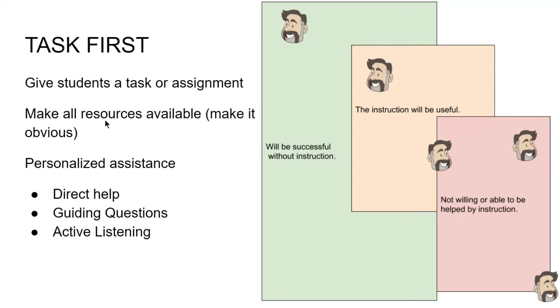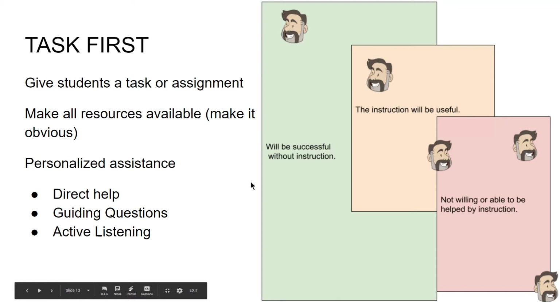If you come into my classroom, you'll see equipment everywhere. It's not just there because I'm lazy and disorganized. It's there because I want physically and digitally all the tools to be at the students' fingertips, to be completely surrounded by all the resources they might need. Our green group here, they know what to do and they're going to figure it out.